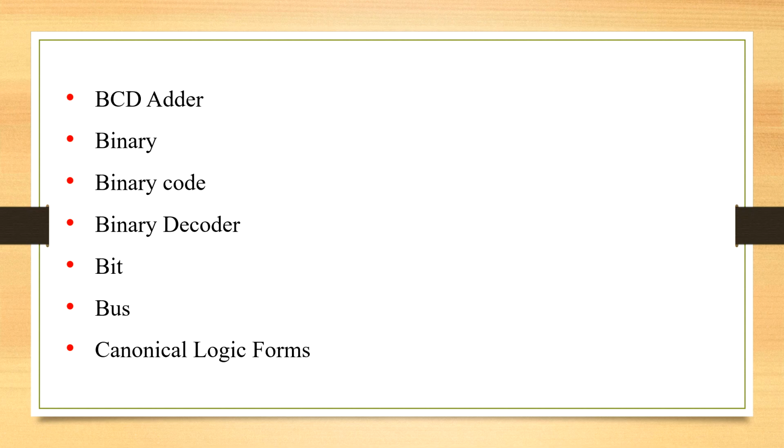Next one, canonical logical forms. The canonical logical form has standards of SOP and POS. If each term in SOP and POS forms contains all the literals, then these are known as canonical standard SOP and POS.